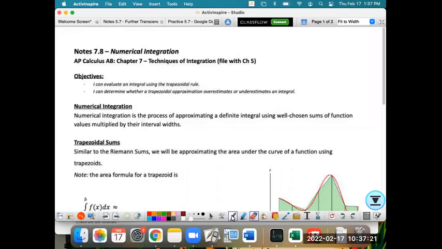So as promised, we are doing trapezoidal sums this time to help us estimate the area under the curve. As we've seen with just integrating these integrals, we're having a hard time finding things that work nicely, right? If there was even an extra variable somewhere, things wouldn't work out.